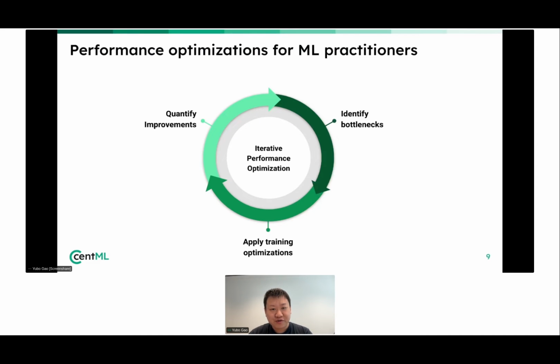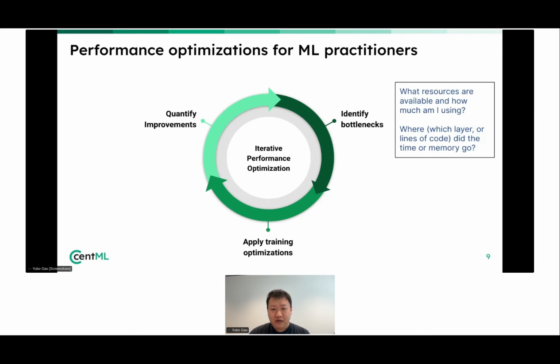So what does it mean to do performance optimization? Performance optimization is typically an iterative task. People would first identify bottlenecks, then apply training optimizations to address those, and then look at how much benefit solving these bottlenecks gives you.